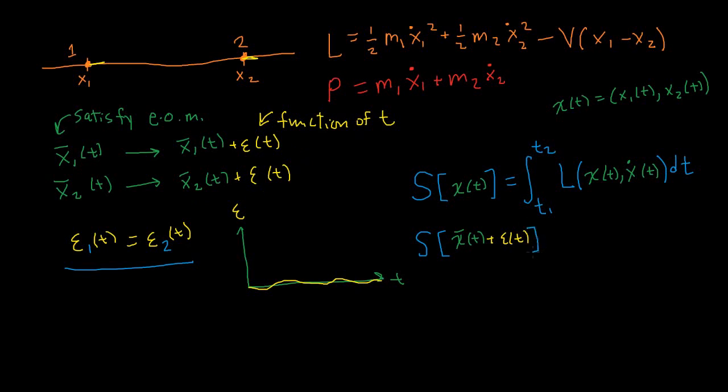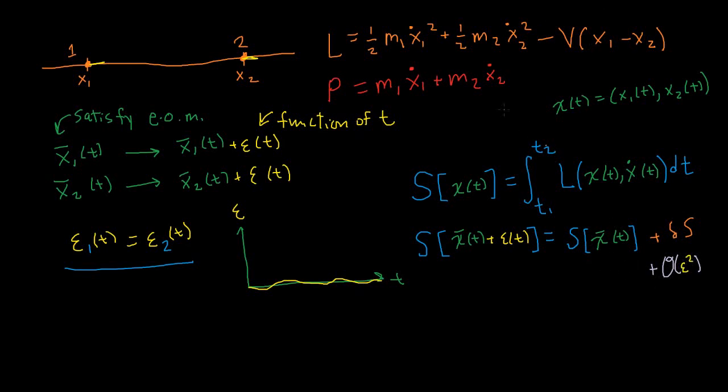So, as we've discussed in the Euler-Lagrange equation video, this can be written as just the action of the x bar of t path, so S of x bar of t, plus delta S, where delta S is to the first order in our tiny variation epsilon, plus, I'm kind of running out of space, order epsilon squared terms.